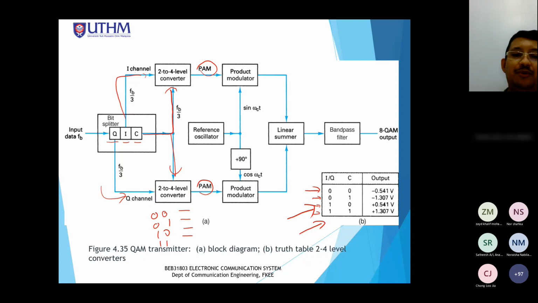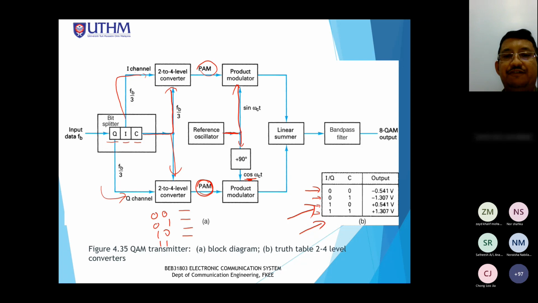So now we produce voltage at the output. There are 4 possibilities of voltage at the output, which then go through the product modulator. The product modulator will multiply with the analog carrier. The reference oscillator produces sine omega ct and goes through the first product modulator.